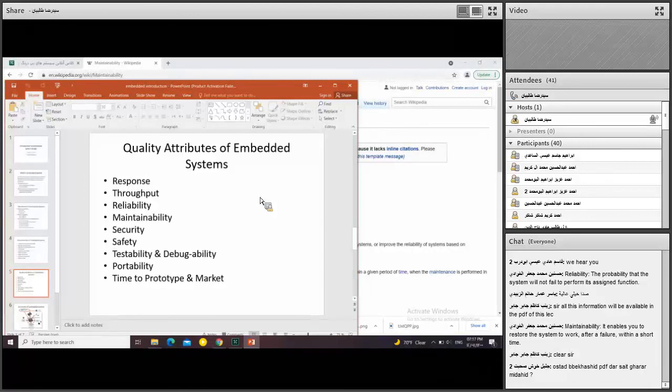Time to prototype and market means that we have an idea, we make the system for this idea as a prototype, and then we bring this system to market for business. There is a time between idea and business.